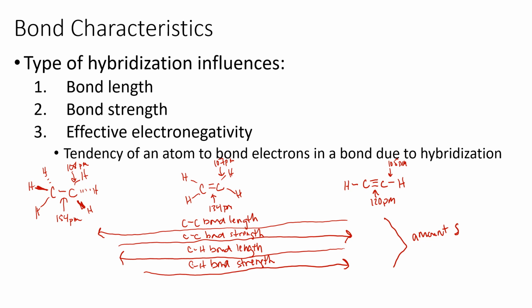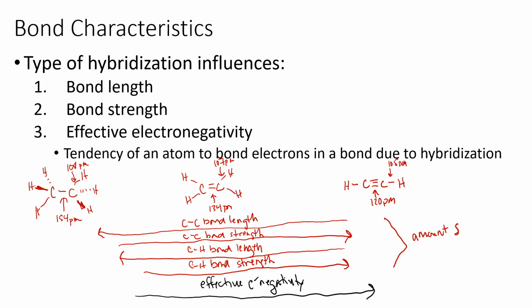When we talk about our effective electronegativity, we are going to see an increase from sp3 to sp2 to sp. sp will have the highest effective electronegativity, while that sp3 will have a lower effective electronegativity.